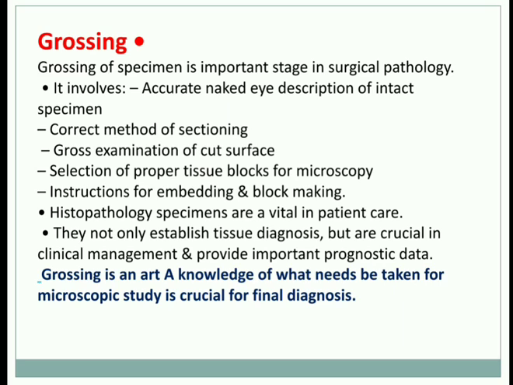Histopathology specimens are very vital in patient care. They not only establish tissue diagnosis but are crucial in clinical management and provide important prognostic data. Grossing is an art. Knowing what needs to be taken for microscopic study is crucial for the final diagnosis.